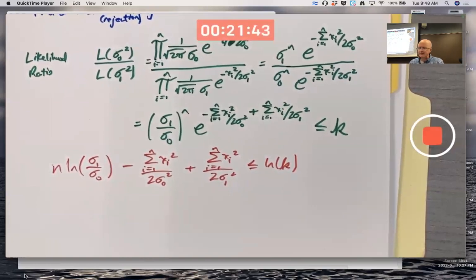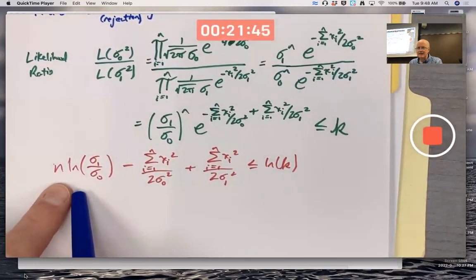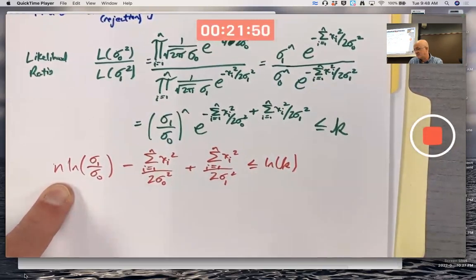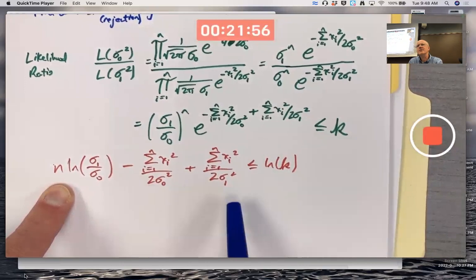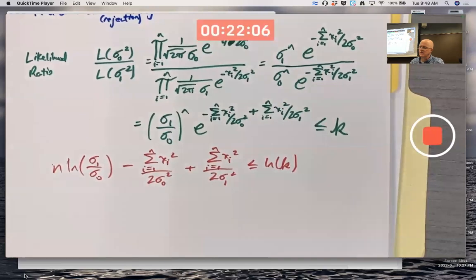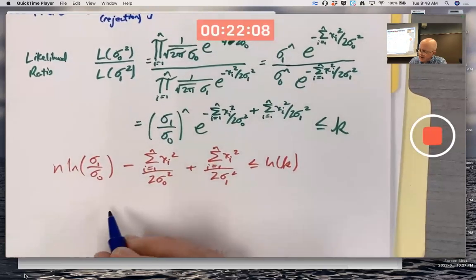For one thing, you could subtract this from both sides, and for another thing, out of these two terms, you could factor out the summation. Would it be good to add these fractions first to get a common denominator? Maybe. I think I'll just factor it out first.